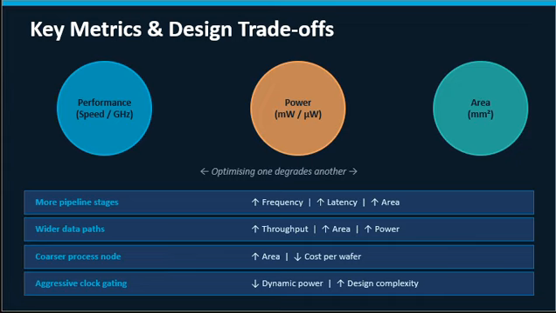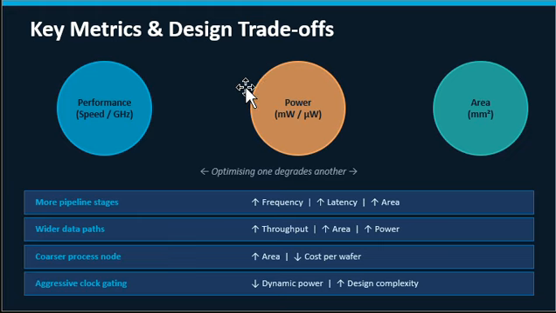Every architectural decision needs to be tracked back to its concrete PPA impact. Changing RTL is expensive. Reversing decisions after synthesis is very expensive. Reversing them after tape out is catastrophic. So we should get the RTL right in the whole flow of our ASIC.